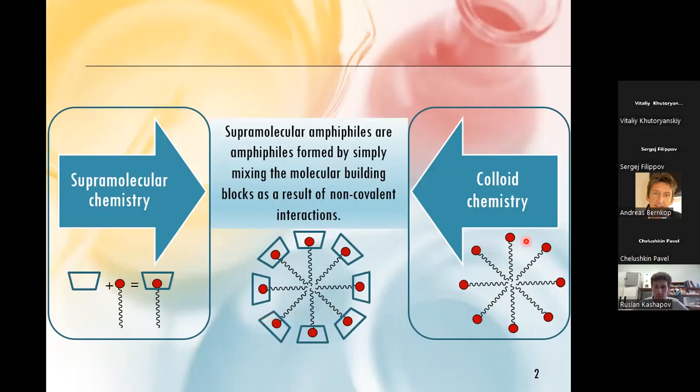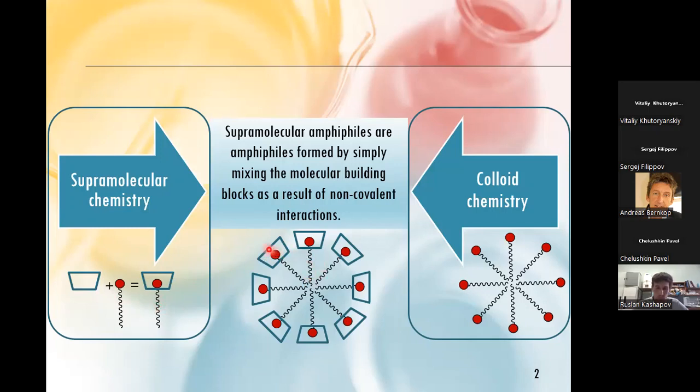That is, amphiphilic molecules are able to interact not only with each other with formation of aggregates, but also to participate in intermolecular interaction with other types of molecules, which leads to formation of supramolecular amphiphiles, or supra-amphiphiles for short.